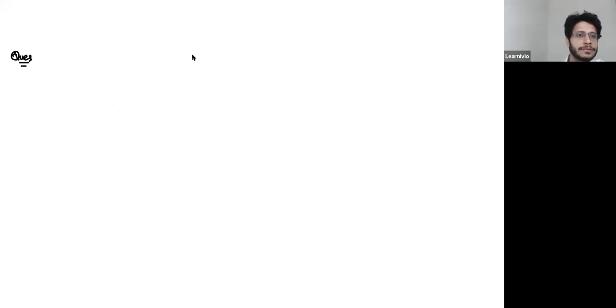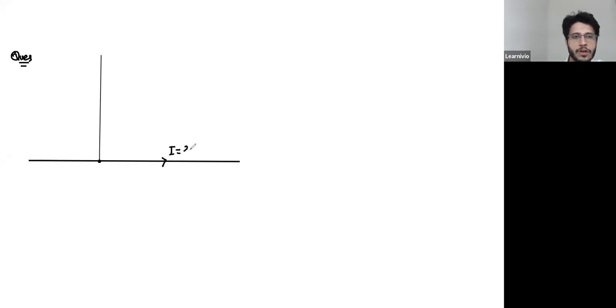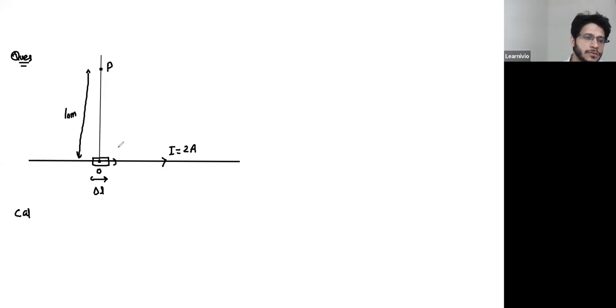Question says that this wire is carrying some current, say a current of 2 ampere. This is the origin. Let's say its length is some delta L. This is point P. You're supposed to calculate the magnetic field at that point, 10 meter away. So through the whole system, some current I is flowing.